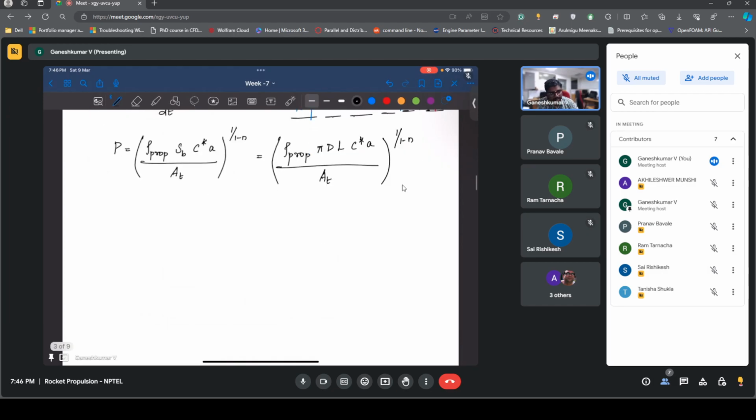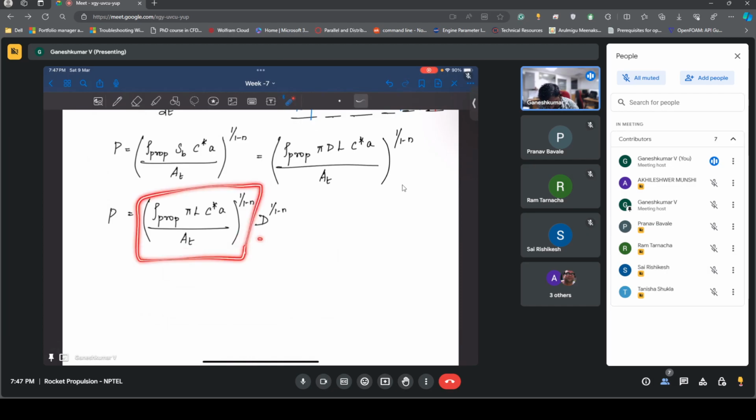Pi and L are also not going to change, so we will club all these together: rho propellant pi L C star A by AT power 1 by 1 minus n, into D power 1 by 1 minus n. This is the pressure, where this first part is not going to vary, it's just a constant, but this part varies.